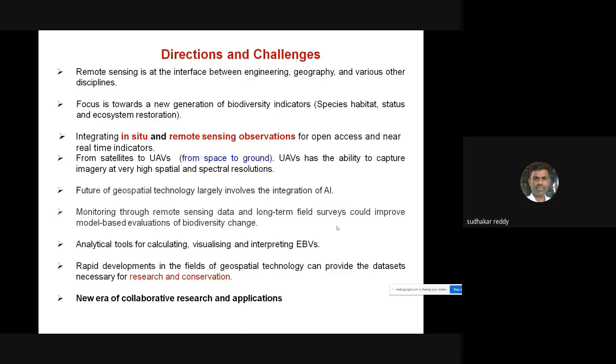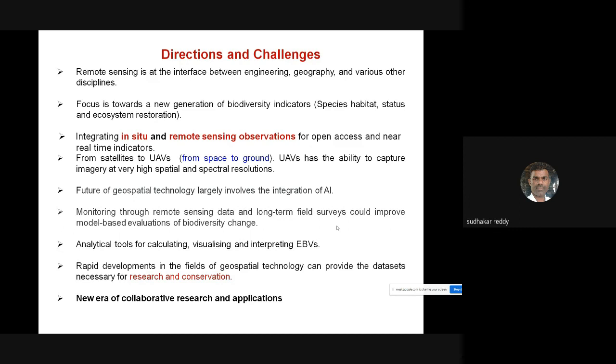The essential biodiversity variables are the indicators which provide information on monitoring and measurement of the change in biodiversity. And as the technology is growing rapidly in the field of geospatial technology, it can provide the important data sets necessary for research as well as for conservation.